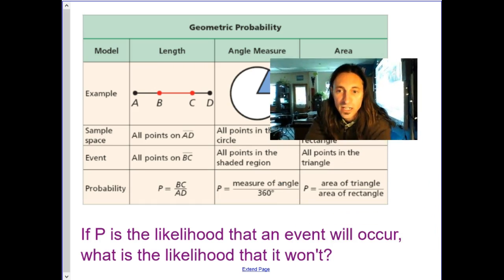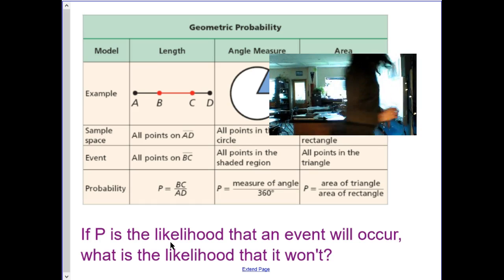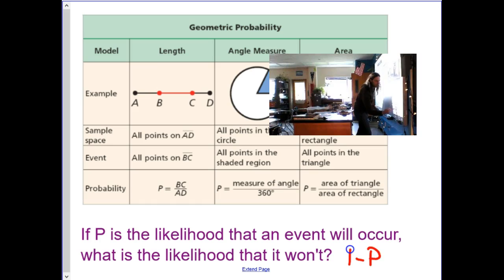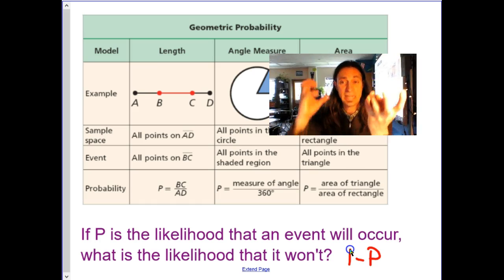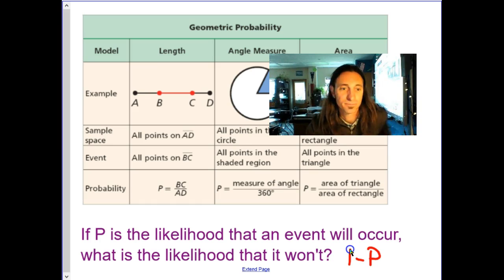Now, if P is the likelihood that an event will occur, what is the likelihood that it won't? Well, that's just 1 minus P. Remember that the probability of something happening plus the probability of it not happening adds up to be 1.